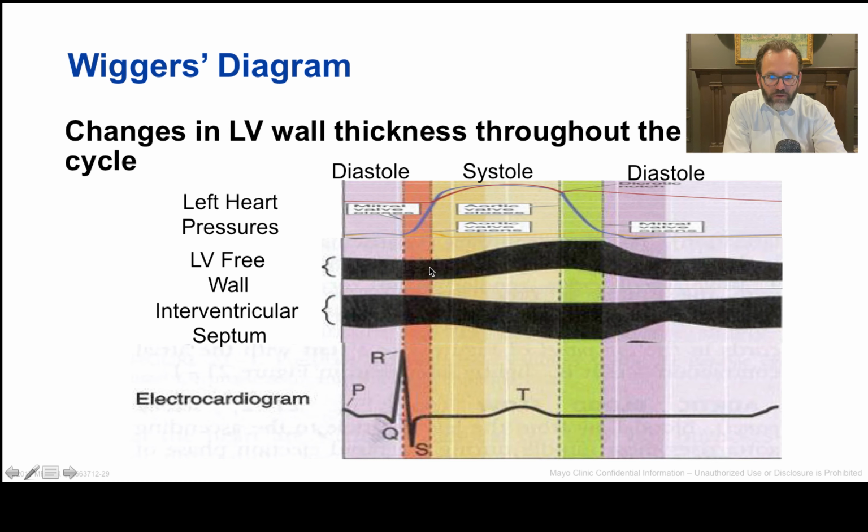Over the course of systole, where we have reductions in ventricular volumes due to muscular contraction and the shortening of the cardiomyocytes, the left ventricular free wall gets significantly thicker. That lasts all the way through the point of isovolumic relaxation until you start to have relaxation and rapid filling, and then you can see the thinning of the left ventricular free wall as well.